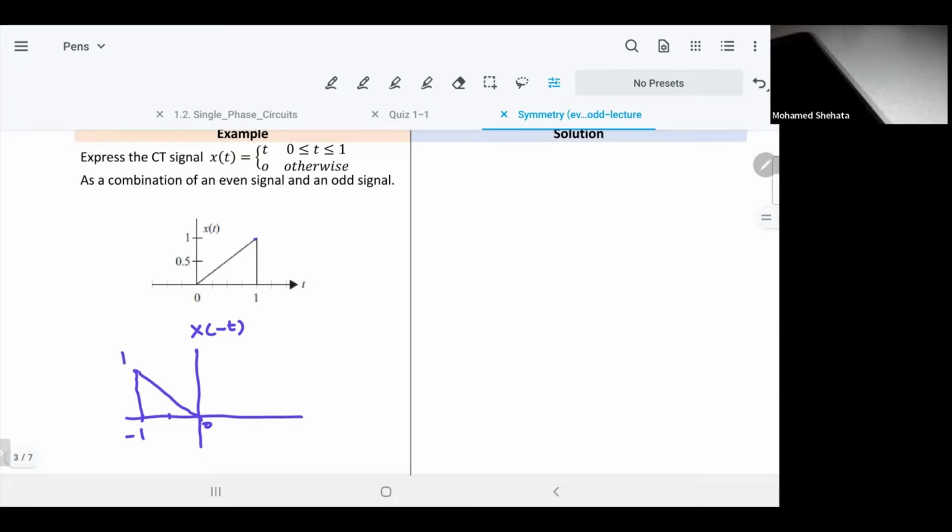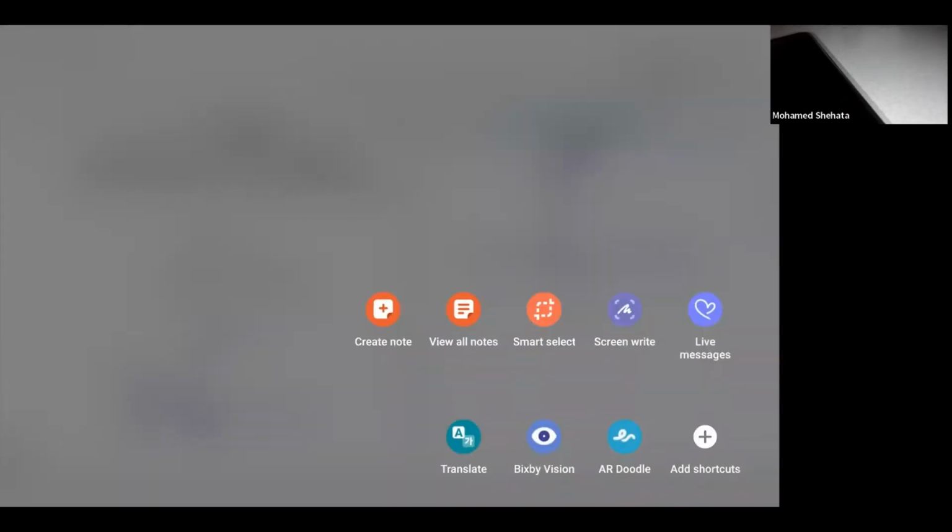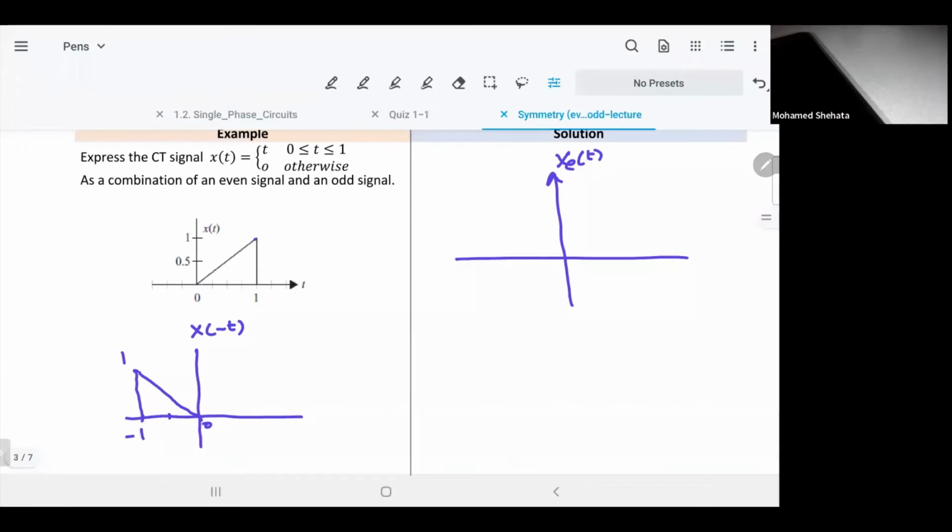Okay, and then what do you do? Then you add them. If you want to get the even, you add, and when you add, you divide by 2. You can do it in two steps or one step because we have to be fast. So let's find the even function. I will have x_e, the even. I'm going to add. When you add now, 0 and 0 is equal to 0. Divided by 2, you have 0.